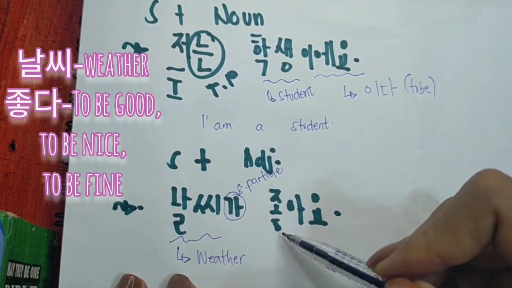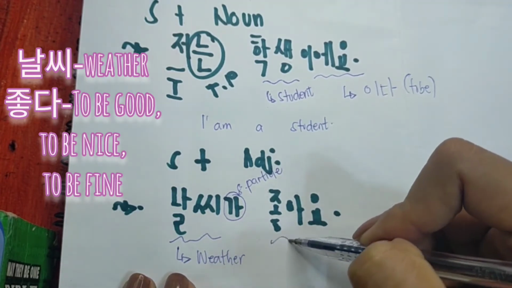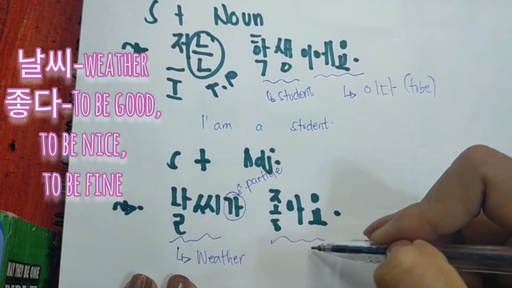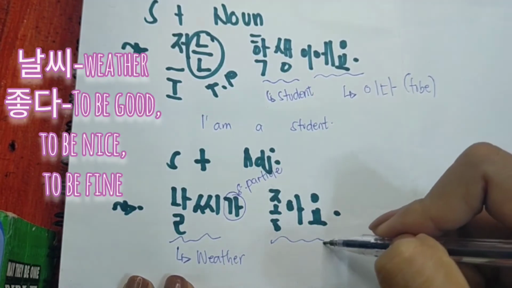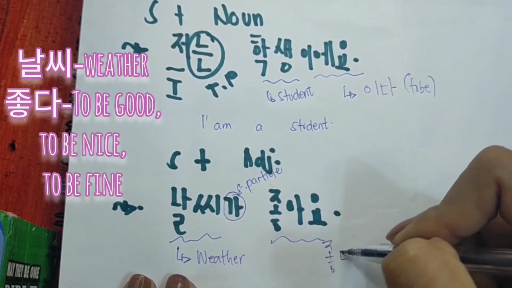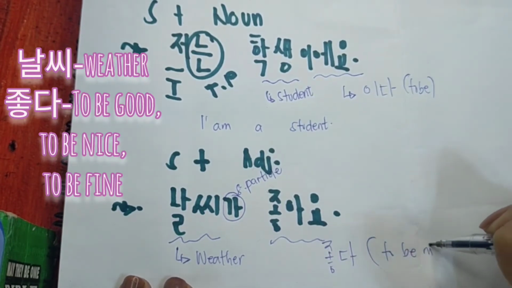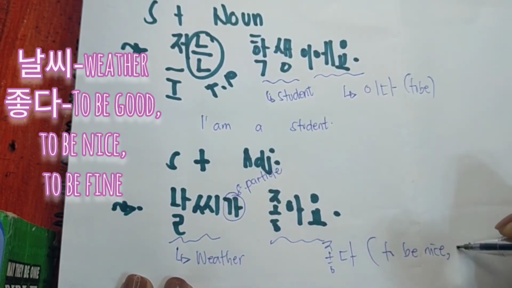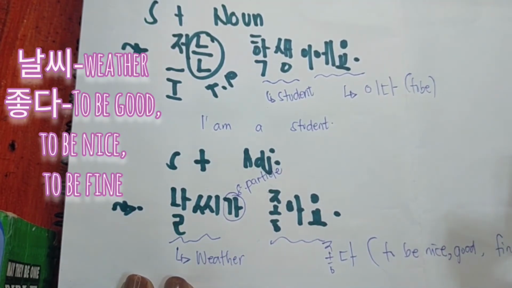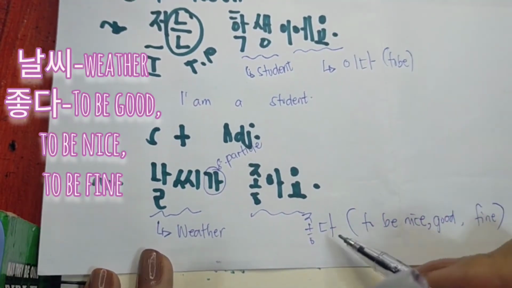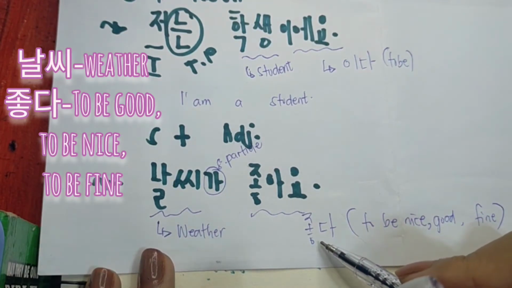Ito namang chuwayo, from the verb chutta. Chutta means to be nice, to be good, to be fine. Chutta is a dictionary form.